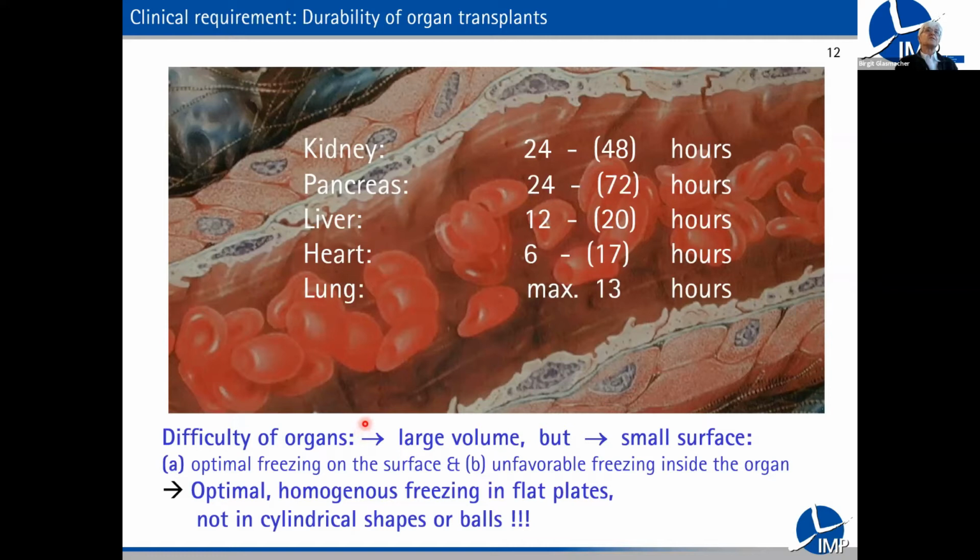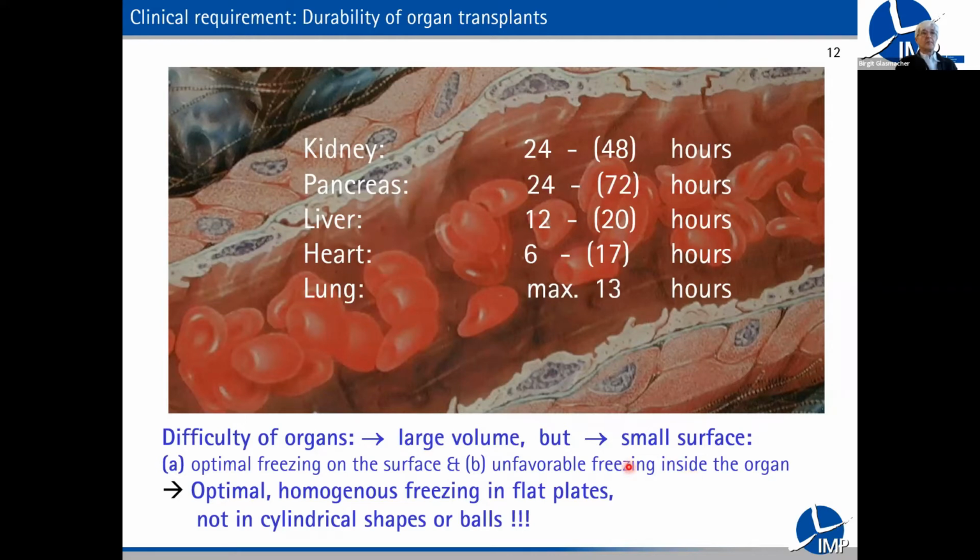It's very important to keep in mind that we have mass and heat transport. Organs have a large volume, and it could also be for blood donations. Blood donations have 500 milliliters, for example. Our chair, Jason Acker, will know this very well. But our organs have a small surface. And this leads to optimal freezing at the surface, but unfavorable freezing inside the organ.